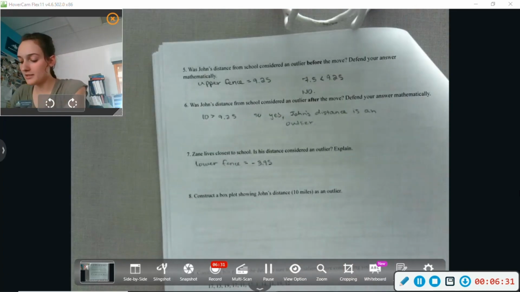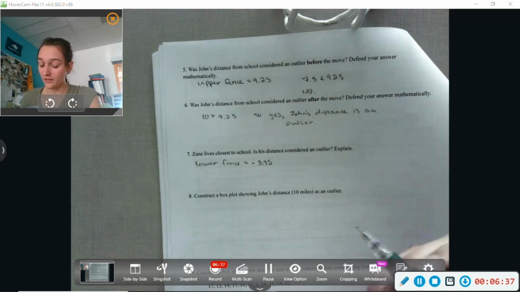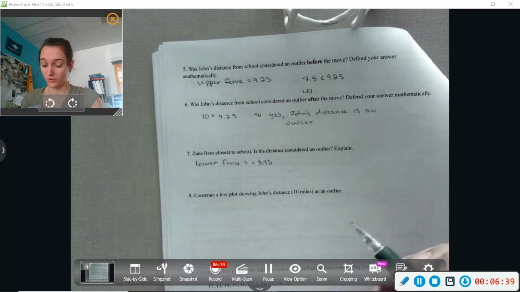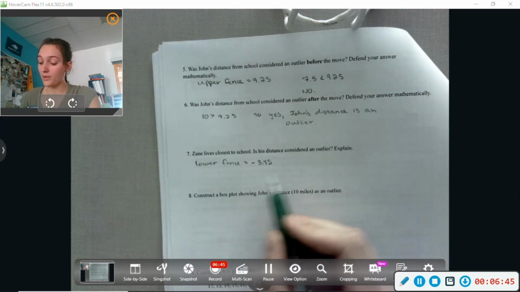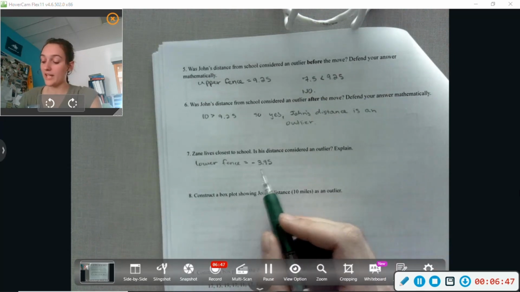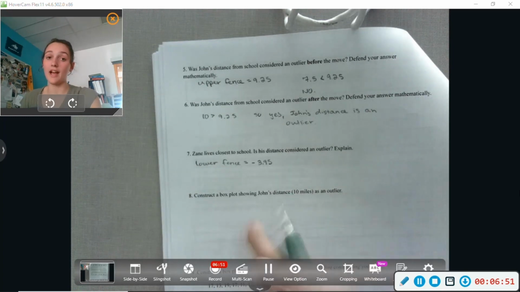Now, technically speaking, we can't have negative distances. That's not how the real world works. And so Zane, he lives 0.4 miles away from school. And so his distance is not considered an outlier because the outlier would have to be negative, which we can't have negative distances, so there is no such thing as an outlier on that end of the spectrum.